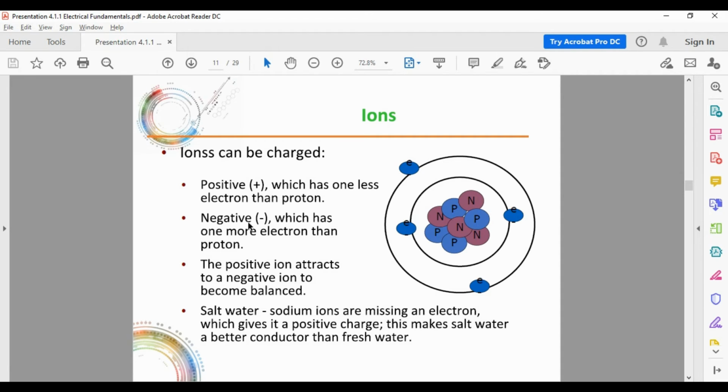A negative charge means that there is at least 1 more electron than proton. The positive ion attracts the negative ion to become balanced. In salt water, sodium ions are missing an electron, which gives them a positive charge. This makes salt water a better conductor than fresh water.